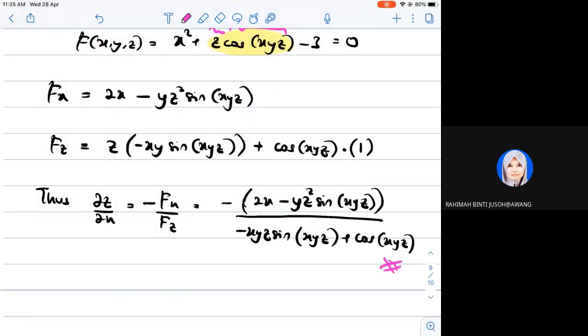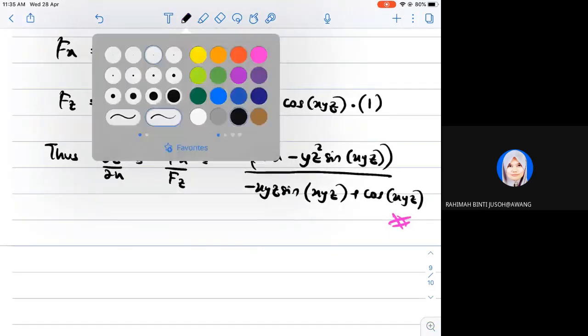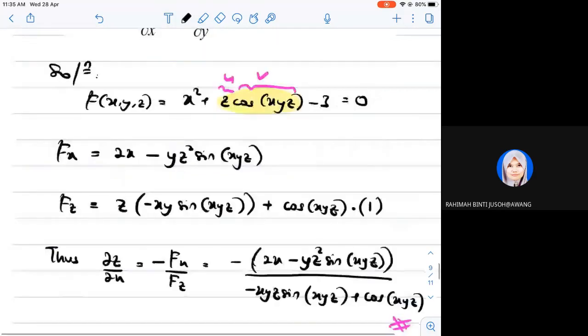Okay. Next, kena cari del z del y. So, del z del y kena differentiate f terhadap y lah pula. So, fy equals to, first term ni dapat 0 kan? Okay, how about the second term? Z cos xyz, differentiate terhadap y. Apa yang bawa ke depan?